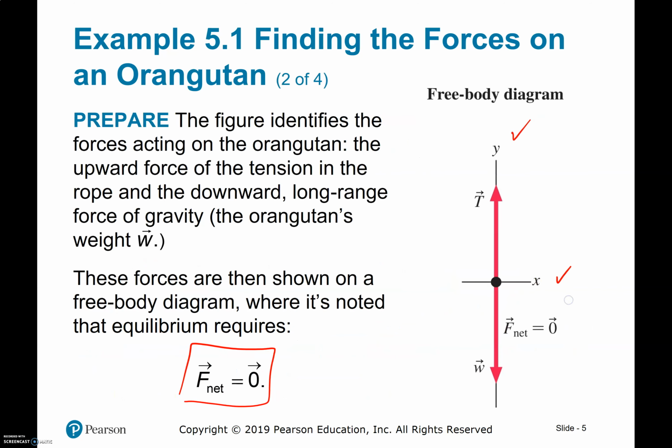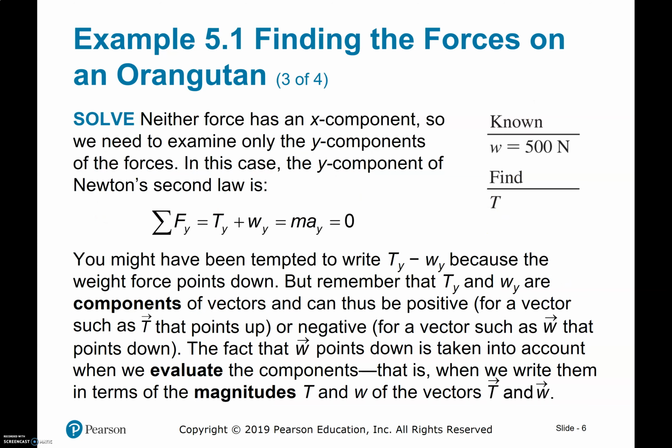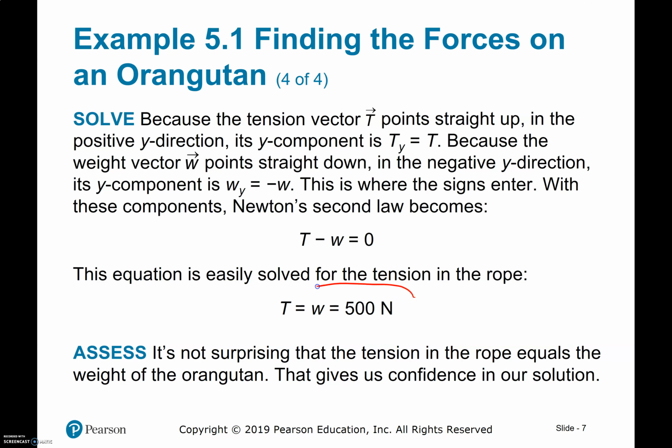There will be two equations here, one for the x and one for the y, but there's nothing happening in the x-axis, so all we have to look at is the equation for the y coordinate. The tension minus the weight is equal to zero because there's no acceleration. So we can solve for the tension, and we find that the tension is equal to 500 newtons. That's the simplest problem you can solve.